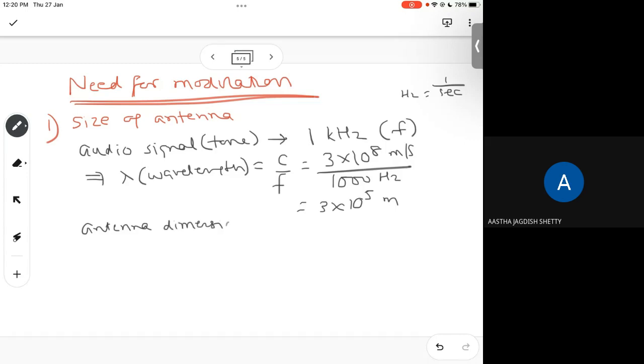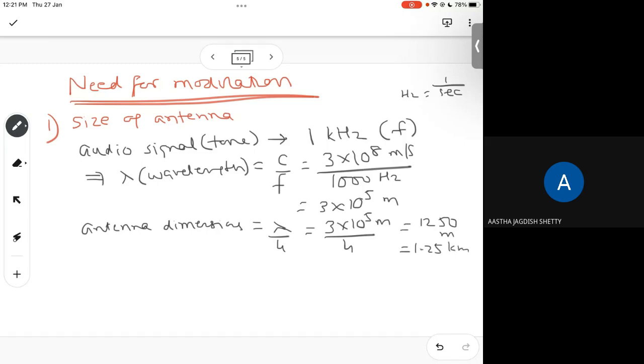Typically, we use lambda by 4. So in this case, it turns out to be 3 into 10 to the power 5 meter divided by 4, requiring an antenna of something like 1250 meter. That means 1.25 kilometer.